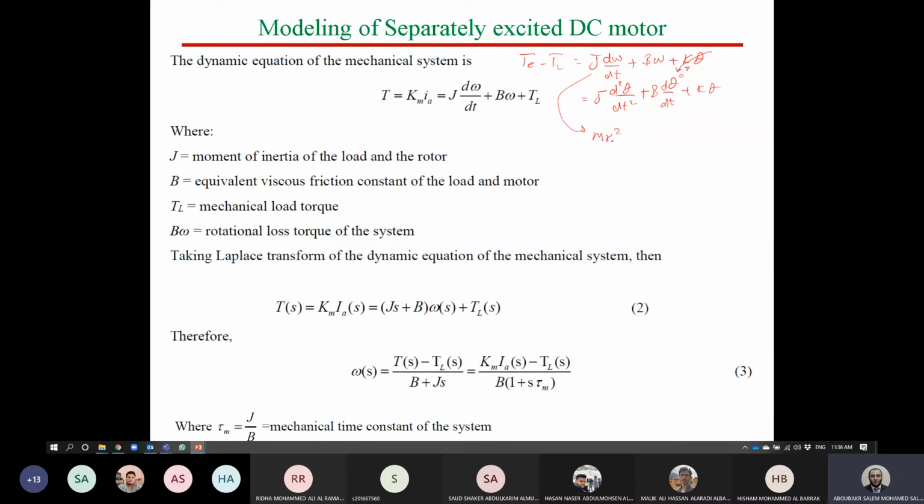So this represents the moment of inertia of the machine. So J d omega by dt plus B omega, B representing the friction coefficient, or we can say the viscous friction coefficient. So B multiplied by omega represents the friction torque.